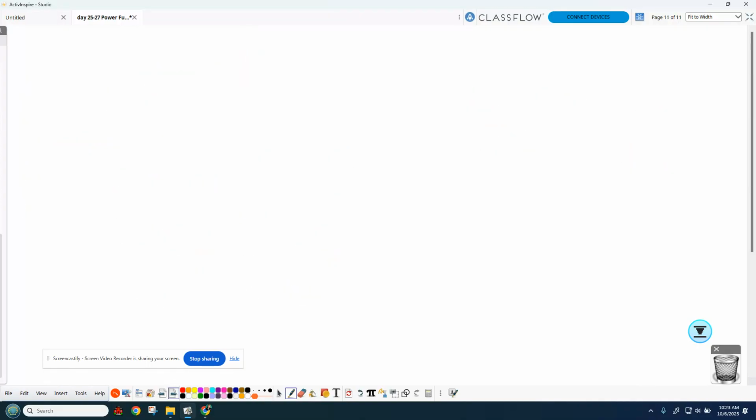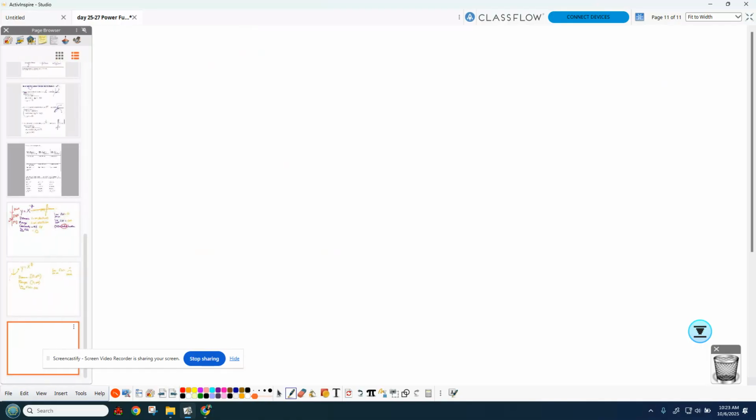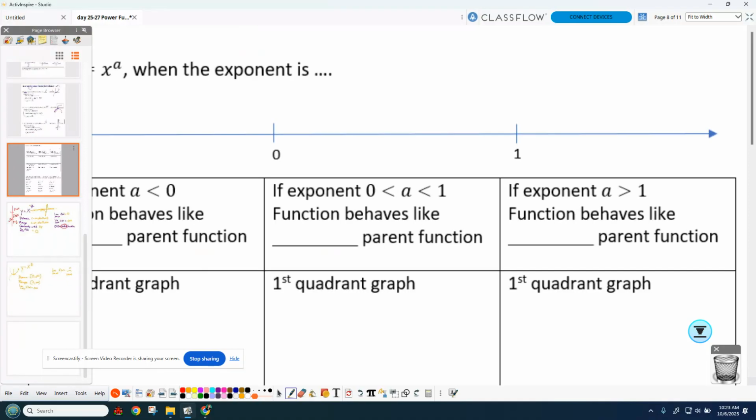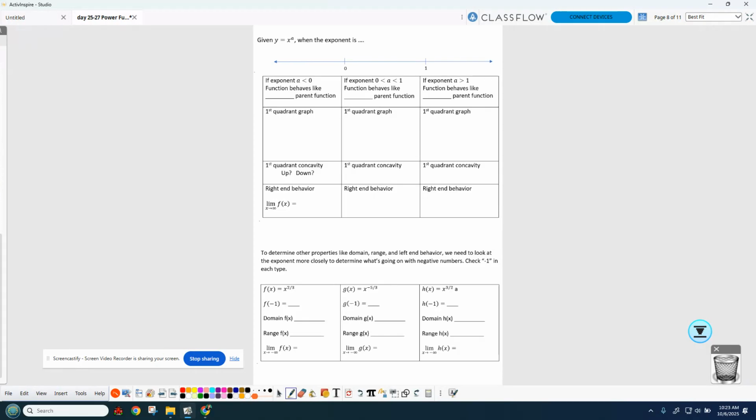So what you just got is a way to hopefully summarize your thoughts. Hopefully you can do it without the packet. So exponent 0 to 1, what's it look like?